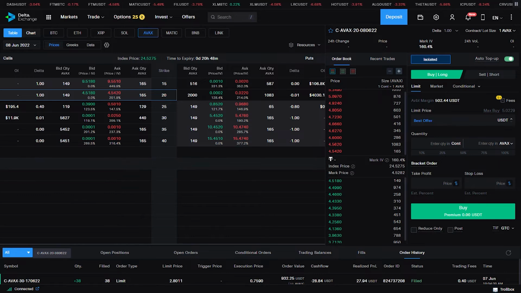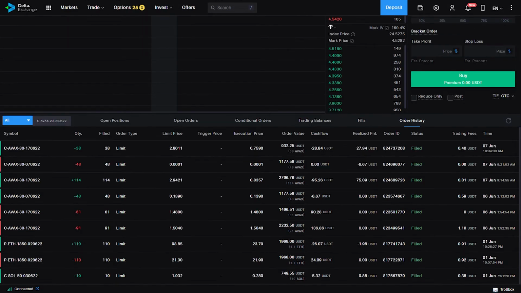So I could just directly take daily hedges if I wanted to hold on to my position till the end of expiry. So that's what I did.